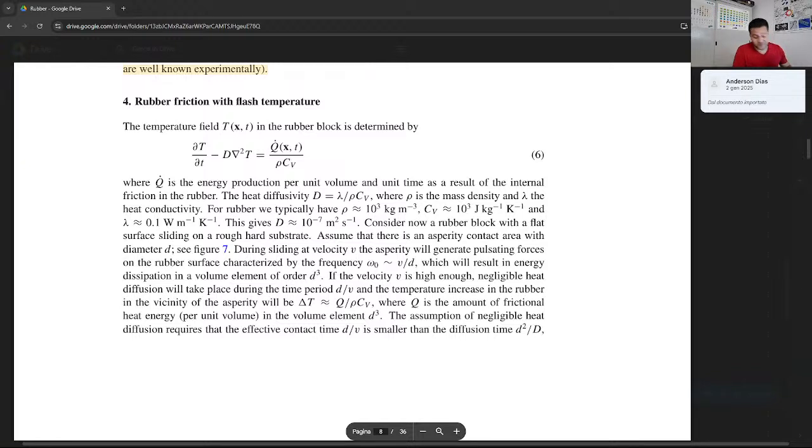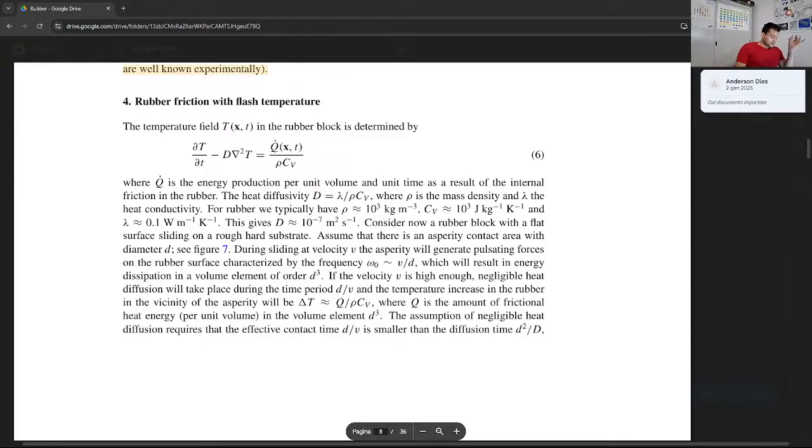Actually, this frequency is of the same order of magnitude as the sliding velocity divided by the asperity lateral size d, which I mentioned previously. Let's call this omega 0.